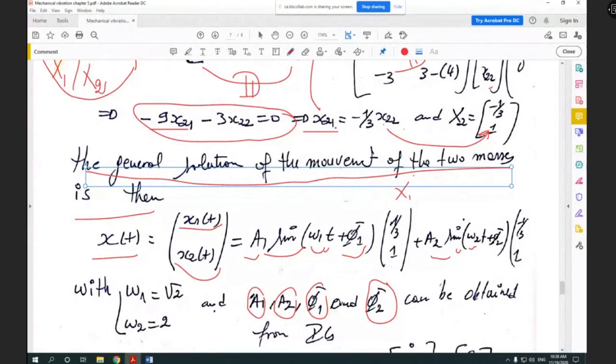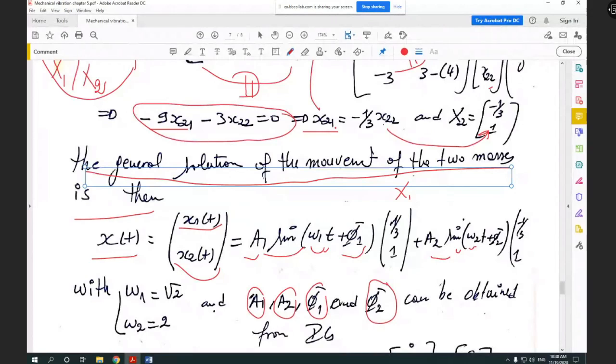Because we have the initial conditions for the first mass, which are the initial position and initial velocity, and also the initial conditions for the second mass, which are the initial position and initial velocity of the second mass.